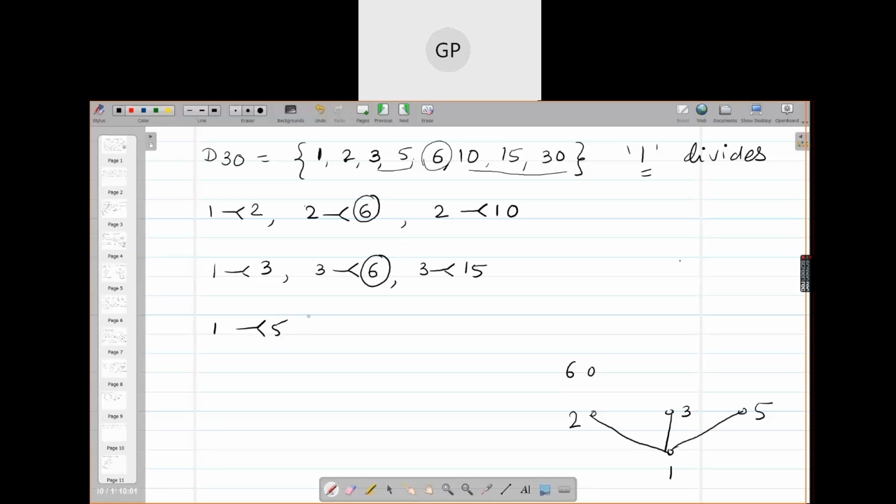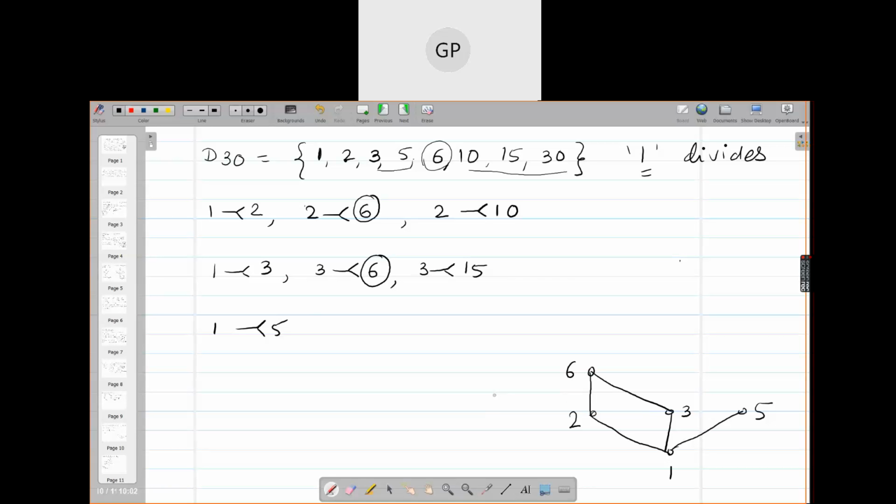Sorry, 6 is the common element which covers 2 and 3. So I am writing 6 at the upper level of 2 and 3, and now I will join 2 and 3 together to 6. Do you understand this?